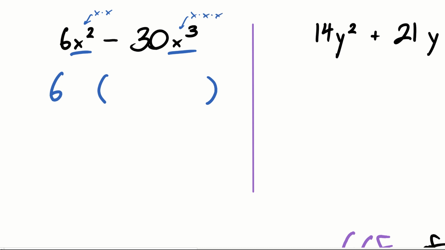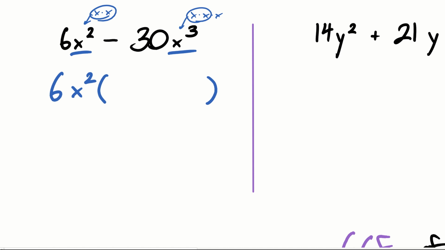Always look for the smaller one. Guys, in x cubed, is there at least two x's? Yeah, there's at least two x's right here and here. And in x squared, are there at least two x's? Yeah, right here and here. So the greatest common factor between x squared and x cubed, in this case, would be x squared itself.